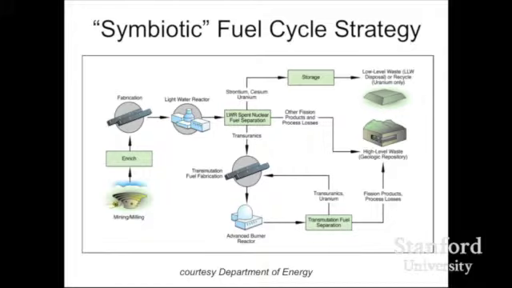Now, of course, there are a lot of possibilities for fuel cycles. So there are hybrid or symbiotic fuel cycles where you could use a light water reactor, which is taking advantage of these thermal neutrons, the slow neutrons, to fission uranium-235.